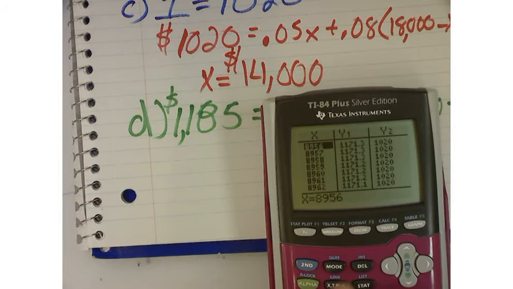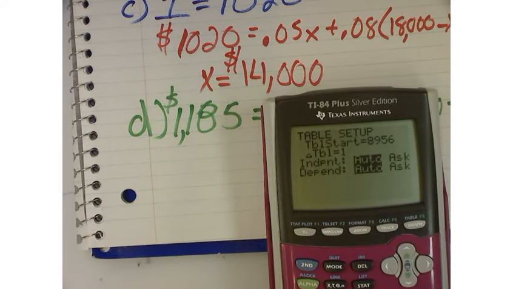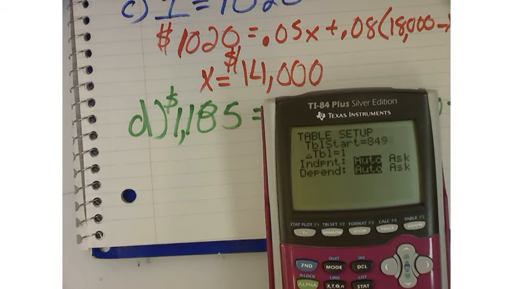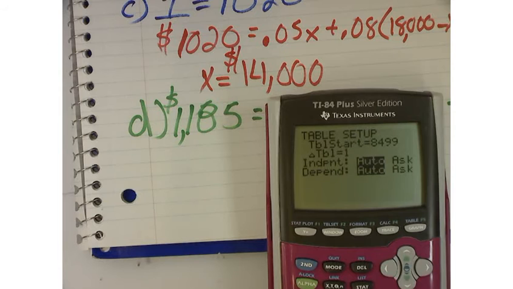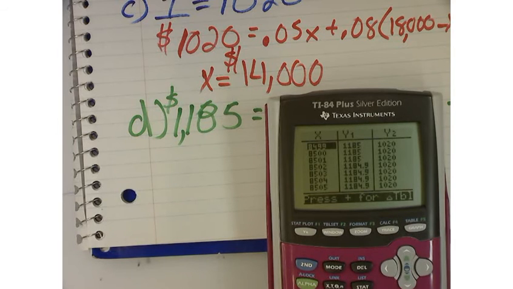Still taking too long. Let's try 84.99. So what would you guys put? What is your X value? There's some rounding that's taking place, right?